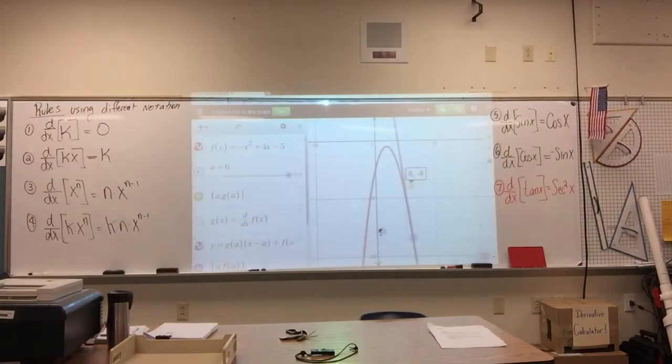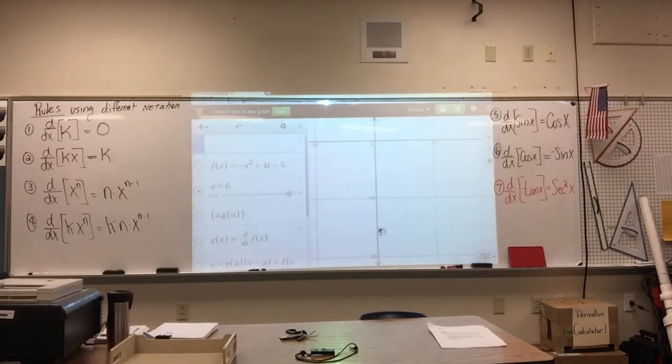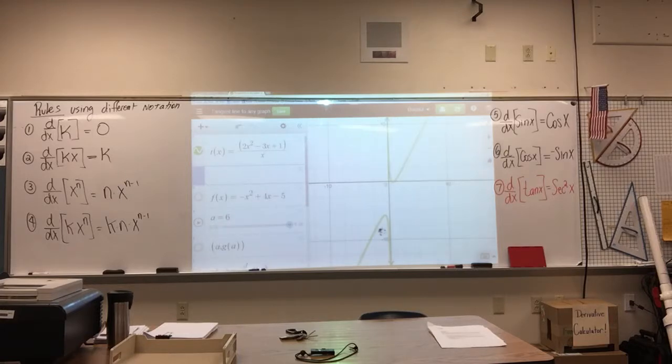So let's do it. Get rid of all this junk. New function. Let's do t of x equals, what is this, 2x squared... And you can do this on your calculator. You don't have to use decimals. Okay? Ooh, look at that function. That's what that graph looks like right here.